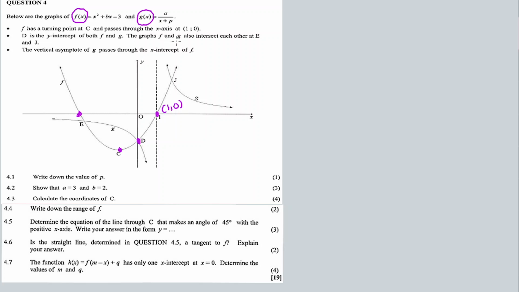The graphs of f and g also intersect each other at E, and there are three points of intersection. And the vertical asymptote of g, the hyperbolic function, passes through the x-intercept of f.